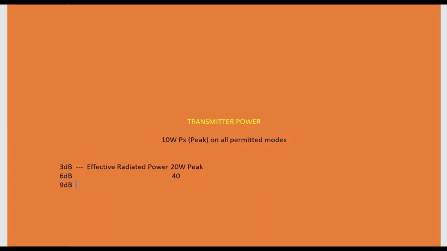But if you could, and you can do it on UHF and VHF rather easily, get gains of 9 dB, that would be now another doubling, and that's 80 watts peak. So your transmitter power is 10 watts peak, all modes.